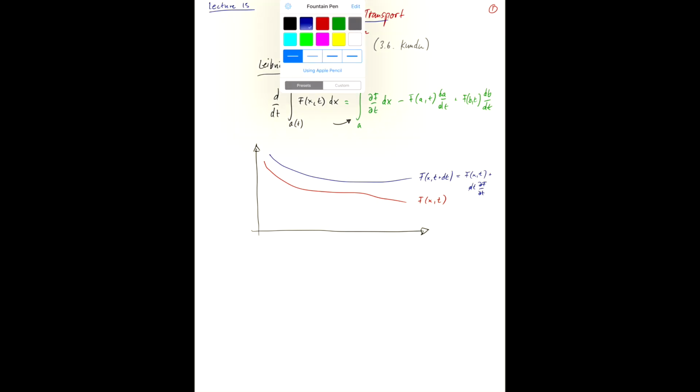And so now we consider our two limits here, a and b, and they will change over the time dt. So there will be a change dA and a change dB.